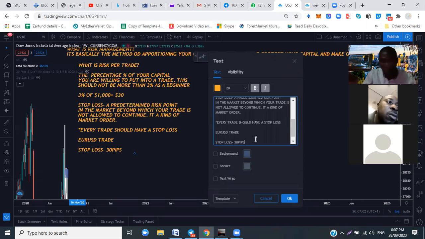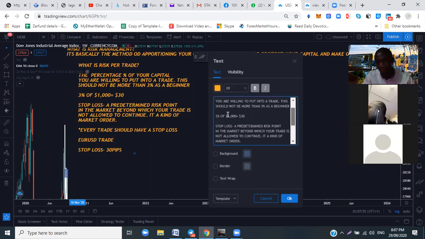Based on all the parameters we talked about, let's assume we are entering a trade now. We're about to enter a trade, and the stop loss for this trade is 30 pips. Okay? So now, what have we done? We have determined our risk per trade, which is 3%, which is $30, please, $30, all right?